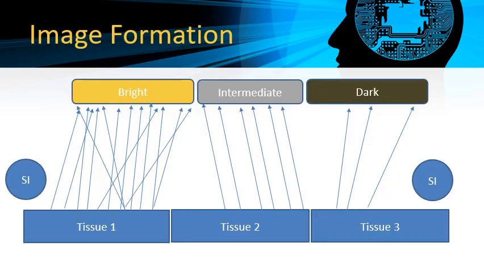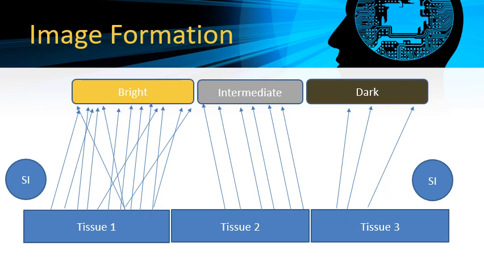If we would like to discuss the concept of image formation, we find that this concept is based on what we call contrast resolution. Contrast resolution is simply the ability of the machine to differentiate between different types of tissues in one scan.